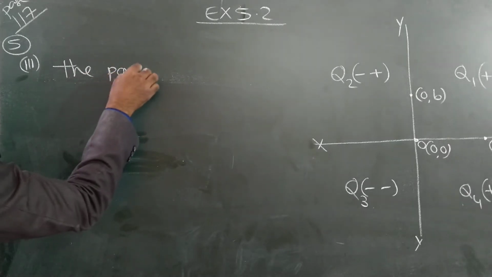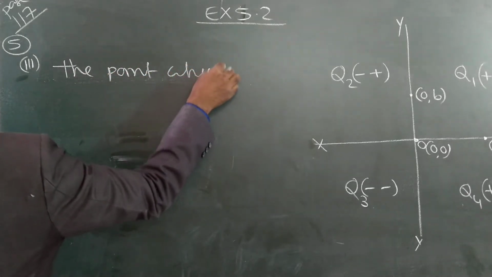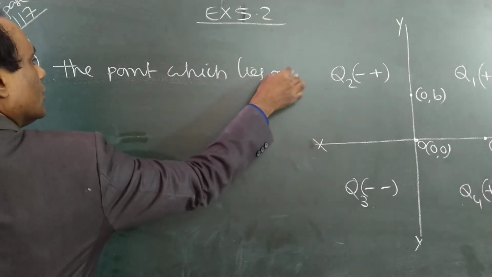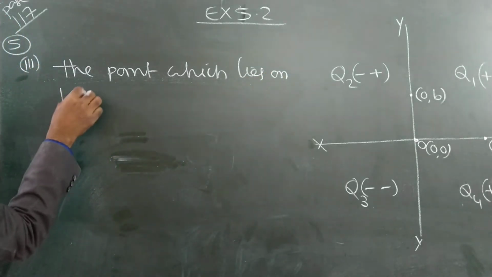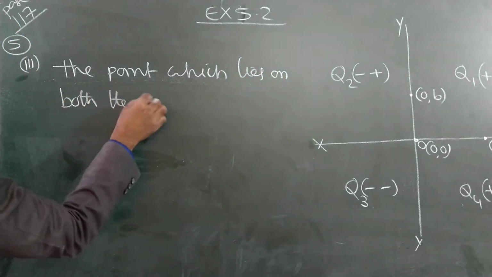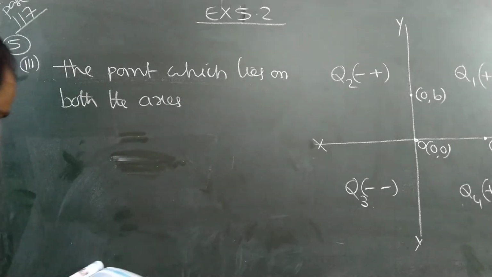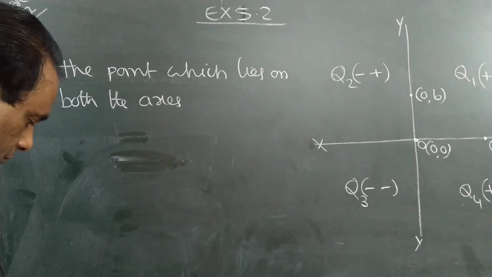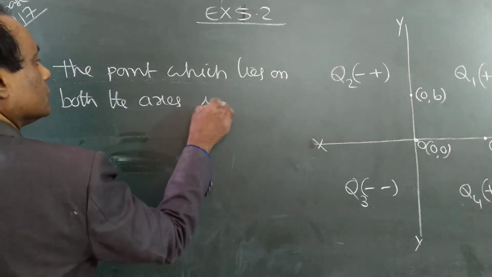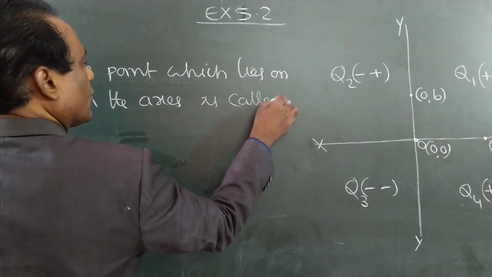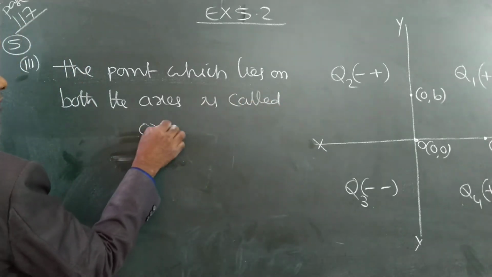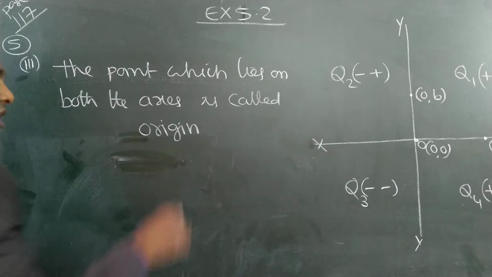The point which lies on both the axes is called origin. This statement is true or false.